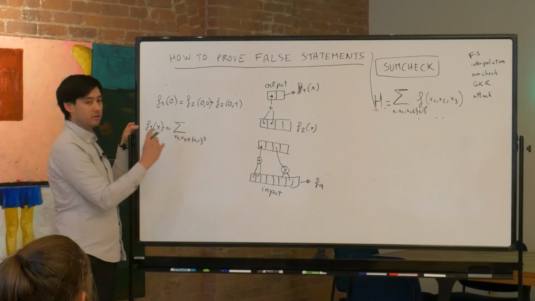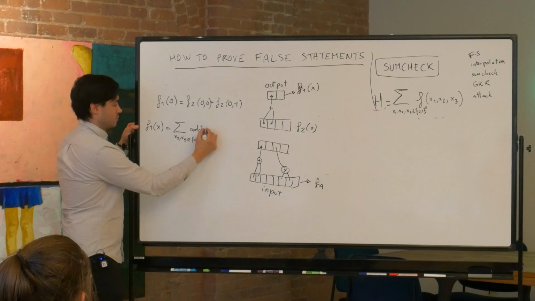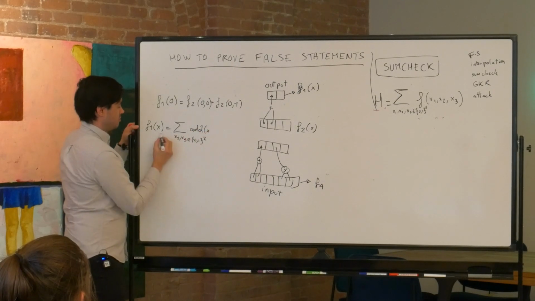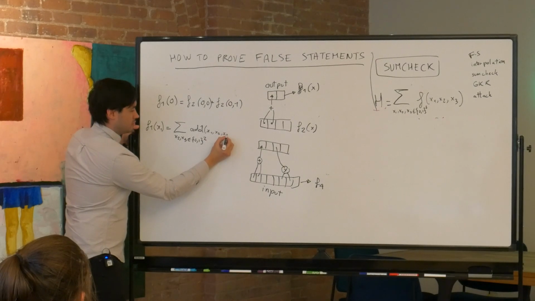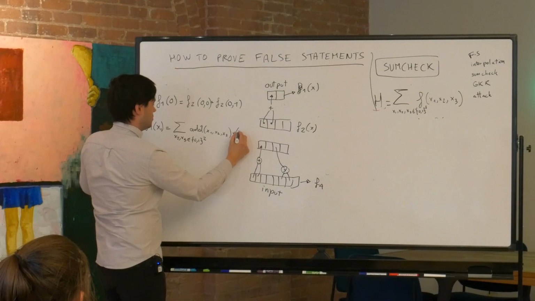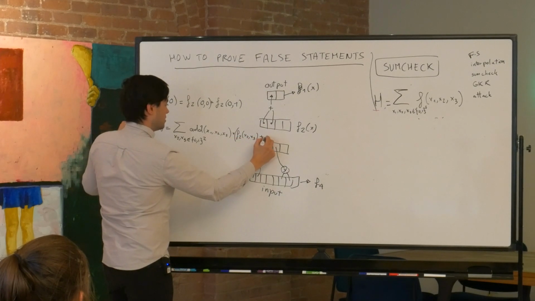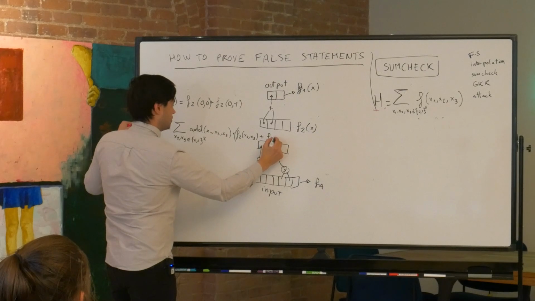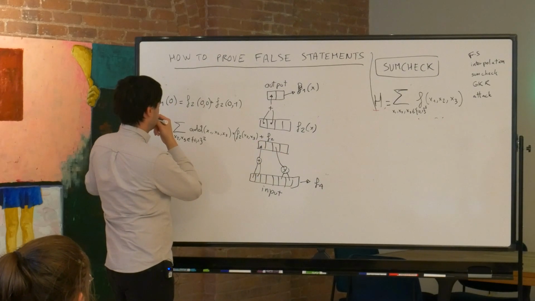If you add another extra polynomial that we'll call add of x1, x2, x3, and you multiply it with your sum, f2 of x2, x3, plus f2, what am I doing?